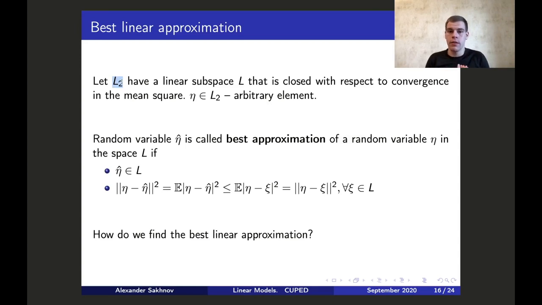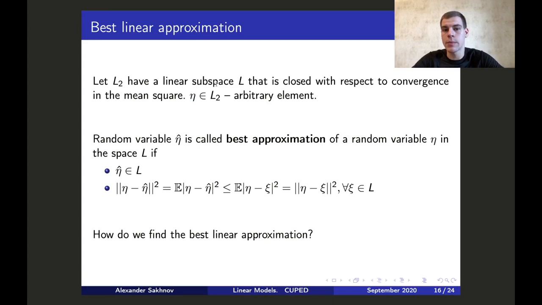Previously it was a finite dimensional space of vectors Rn. Now it's an L2 space. It's a space of random variables that have a variance. And we have some subspace. Also we have an element eta from space L2.